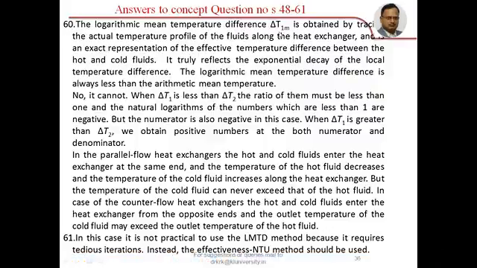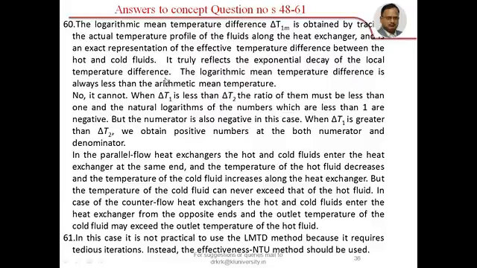The logarithmic mean temperature difference is obtained by tracing the actual temperature profile of the fluids along the heat exchanger, and it is an exact representation of effective temperature difference between hot and cold fluids. It truly reflects the exponential decay of local temperature difference in the flow through pipes.